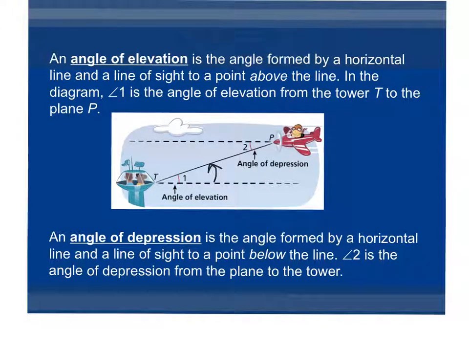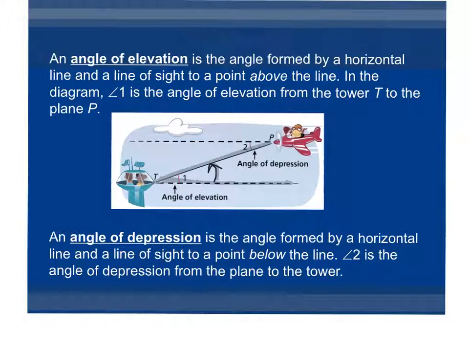So the angle of elevation is going up. So you're looking up at the plane, and it creates, with your eye line here, an angle, and this is called the angle of elevation.